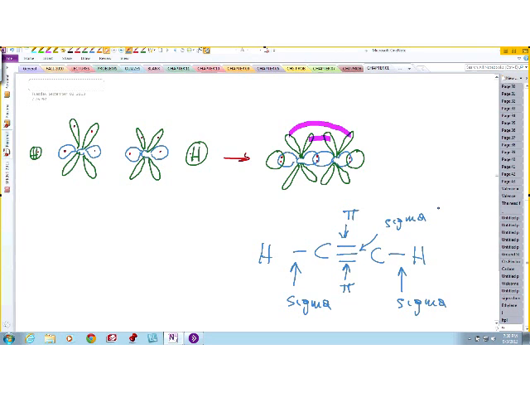So how many sigma bonds do we have in acetylene? 3. And since you have 2 pi bonds in acetylene, it will be more reactive than ethylene, because you have 4 electrons in the pi electron system.